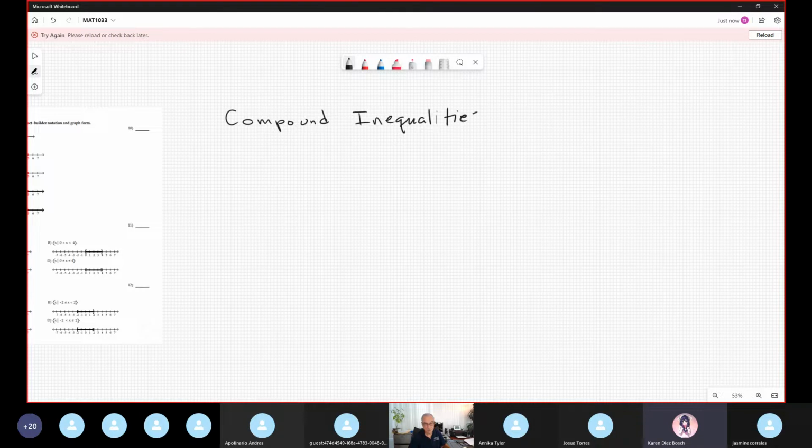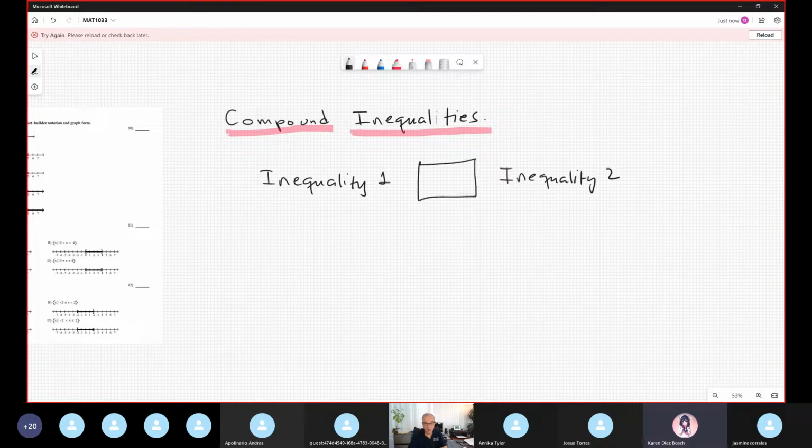What does compound inequality mean? It is two inequalities, or three, but never three, connected by a conjunction: inequality 1, inequality 2, and you connect them by and or by or. You need to understand the differences very, very, very well.